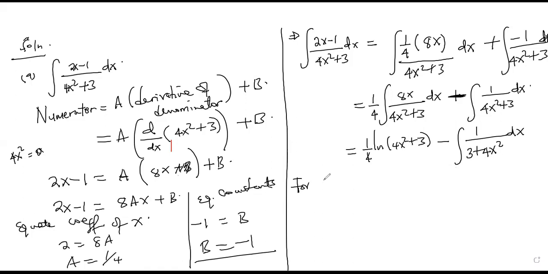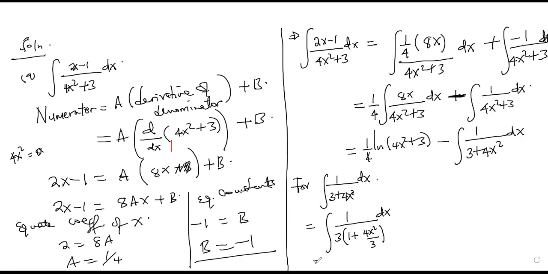So for the integral of 1 over 3 plus 4x squared dx, you first factorize out a 3, so it is going to be 3 into 1 plus 4x squared out of 3, then dx.